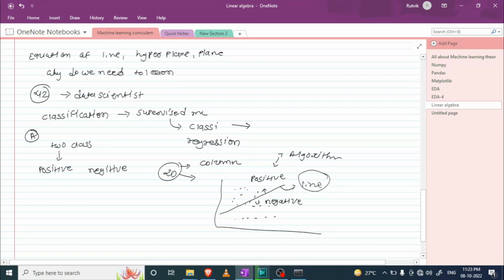Same thing you do whenever you have three-dimensional data, like three columns. At that time you are trying to separate the data using a hyperplane. Suppose you have a chart like this.